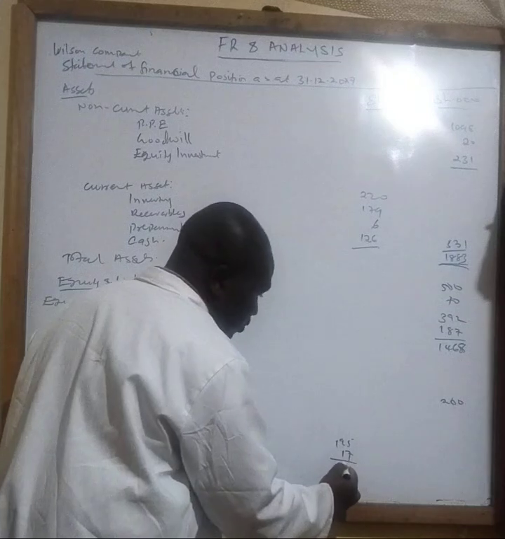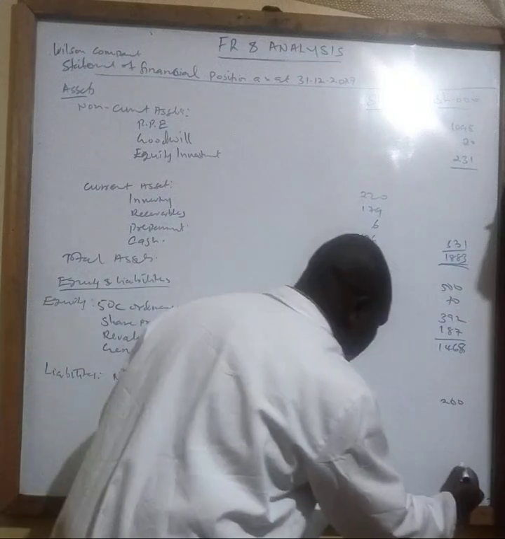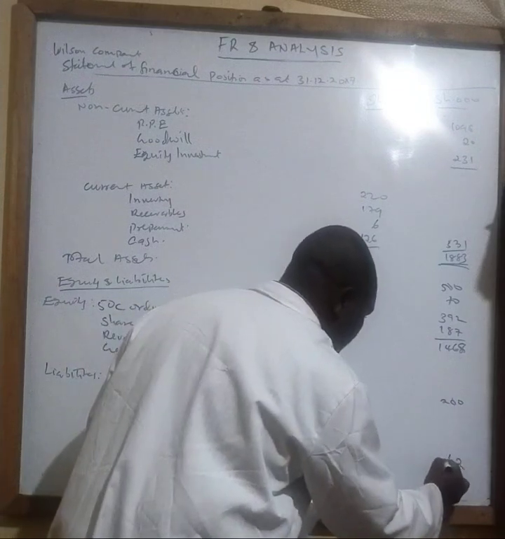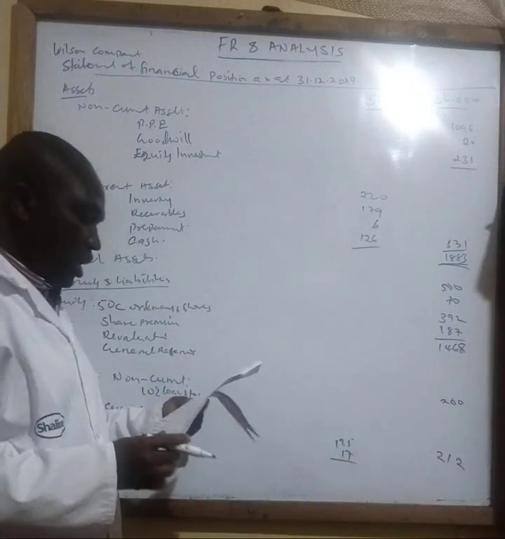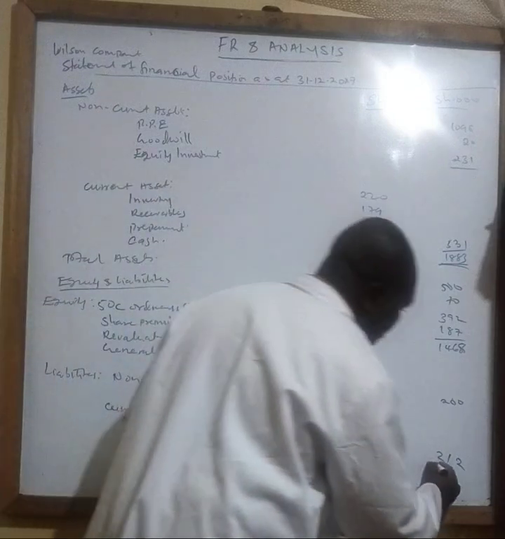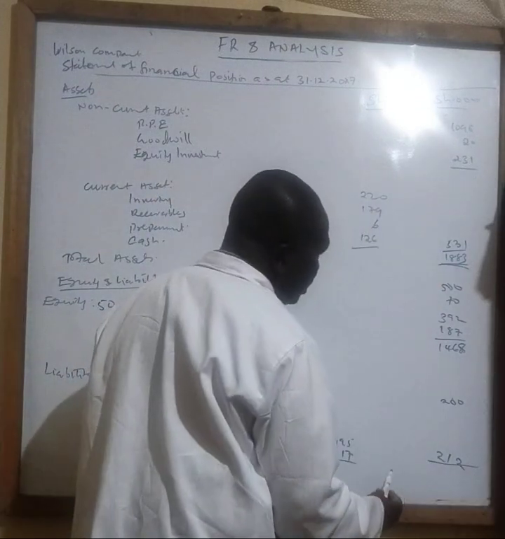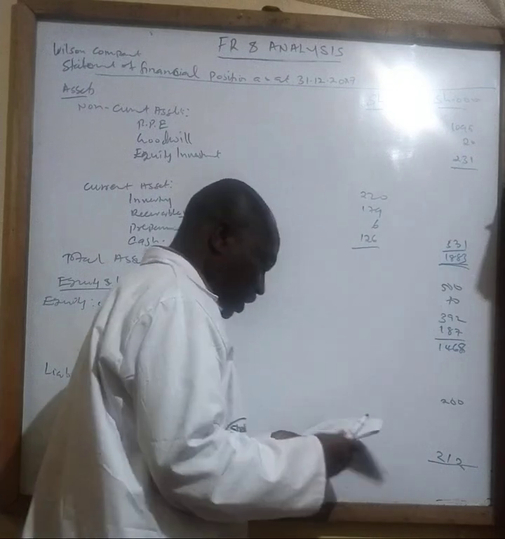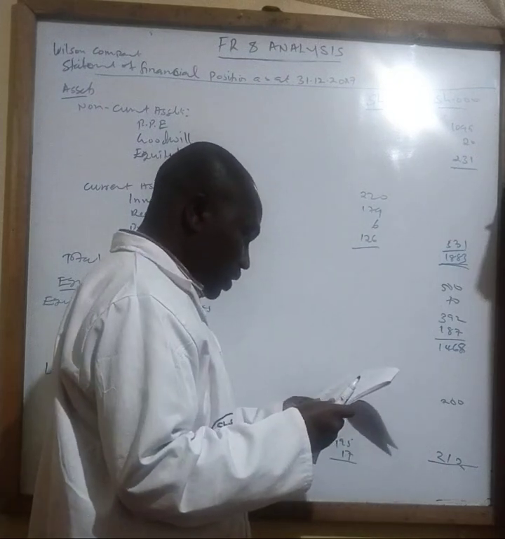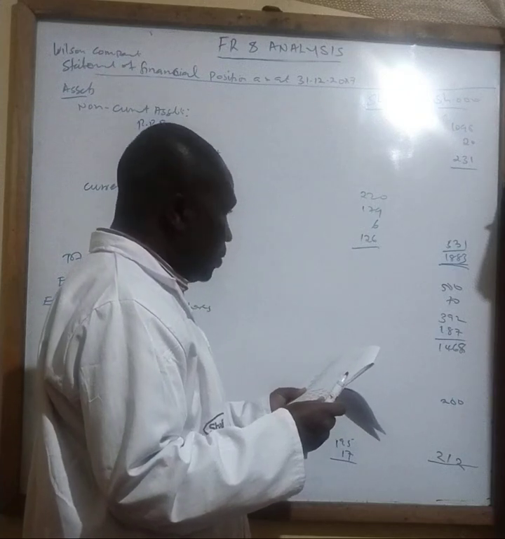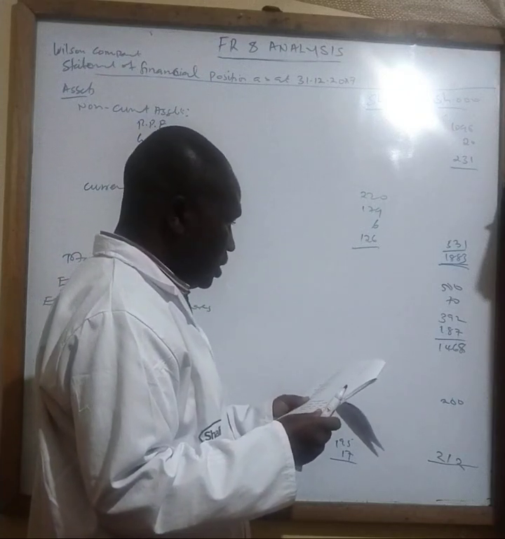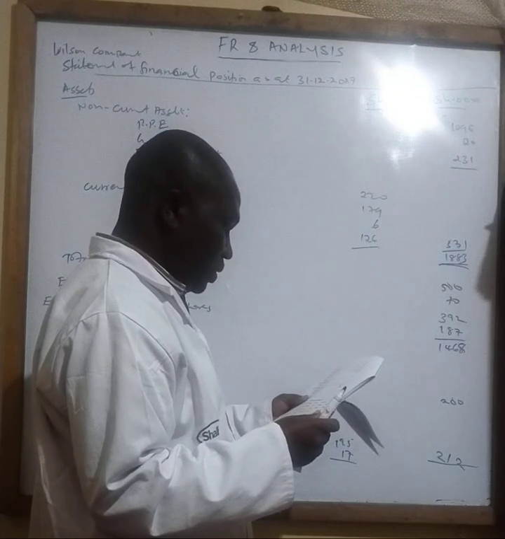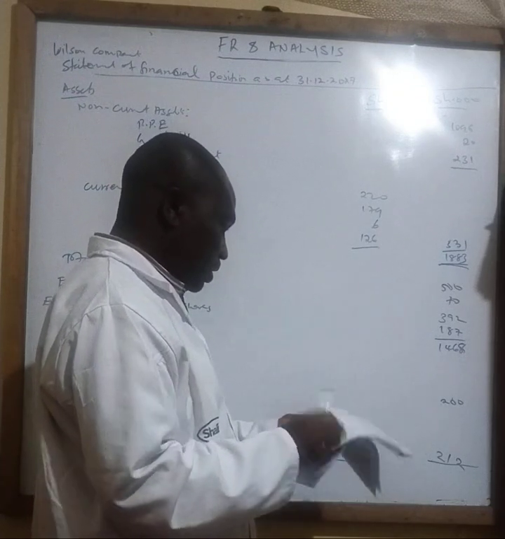This plus this is 12. This is 12, carry 1. This was 10, 11, carry 1, 2. So we have 212. If you add carefully, your answer is supposed to be 1468 and 212, the balancing figure.